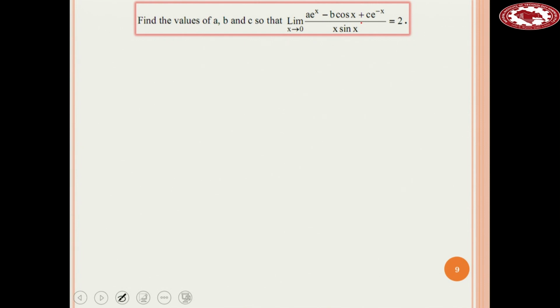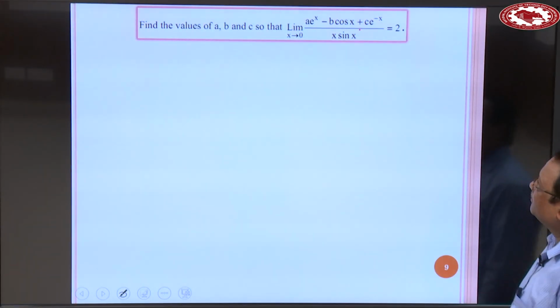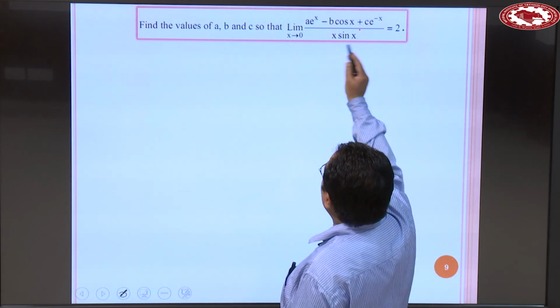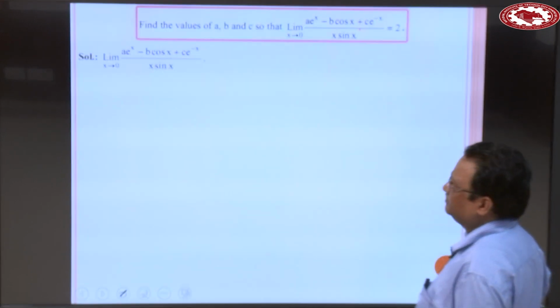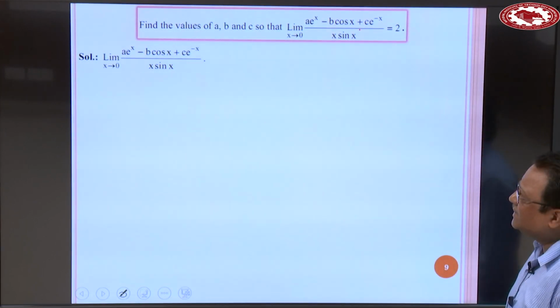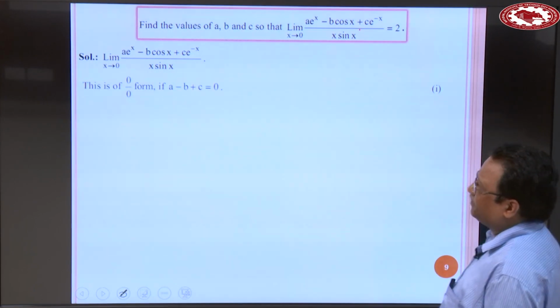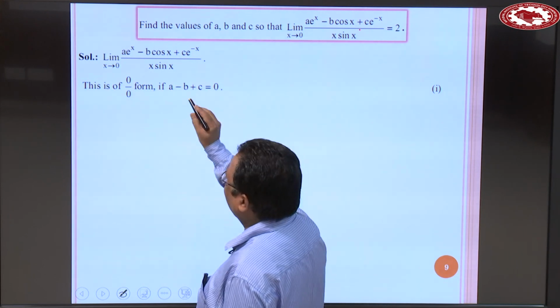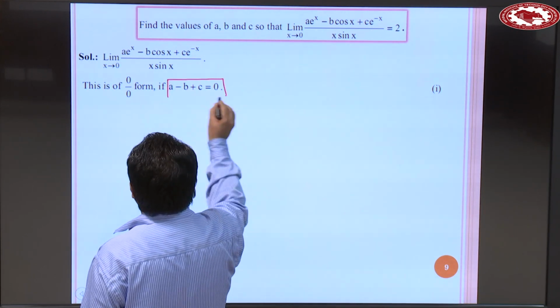So we have to find the values of a, b and c, and the relation given is that this limit is equal to 2. When we apply x equal to 0 here, we get 0 over 0 form, provided the numerator is equal to 0.